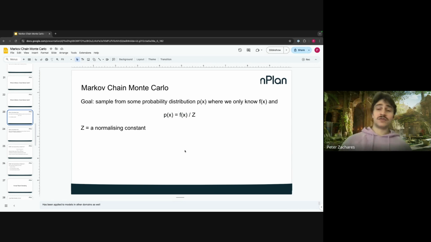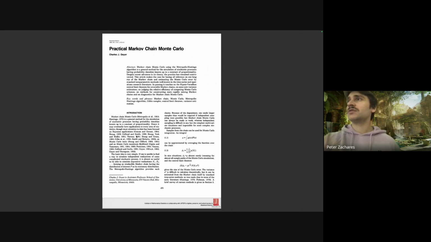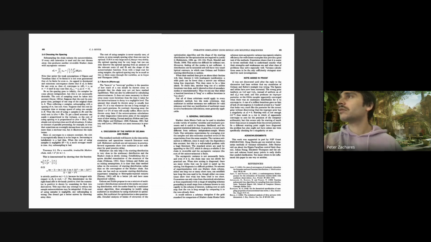It can be used as part of optimization problems. They say it in the paper, all the different places where it can be used. It's mainly used in Bayesian applications, and is useful in Bayesian, likelihood and frequentist statistical inference.